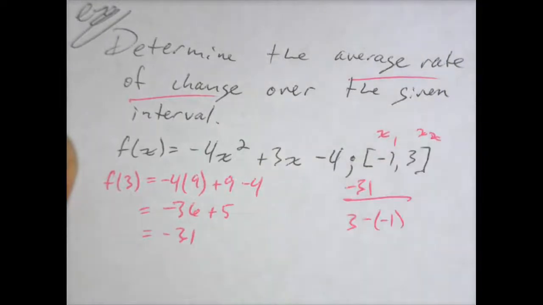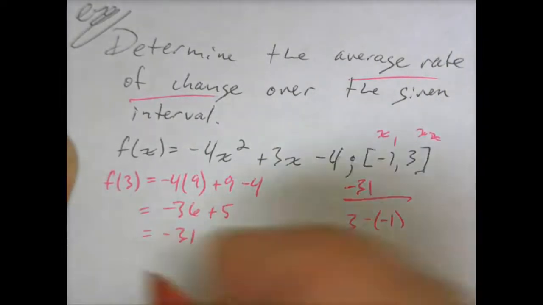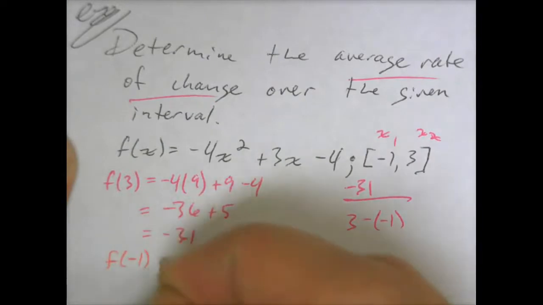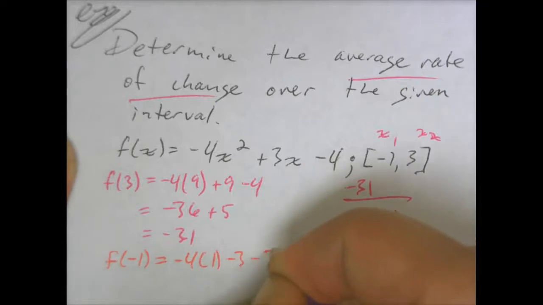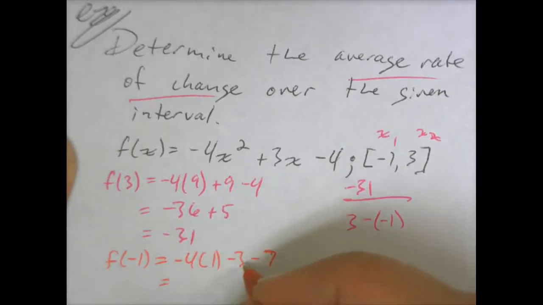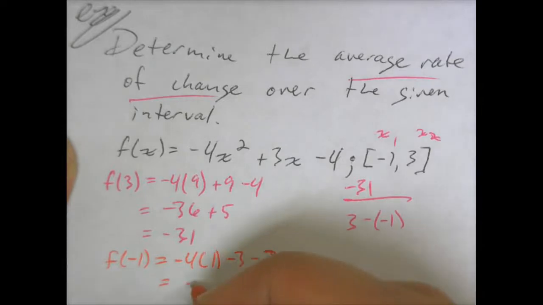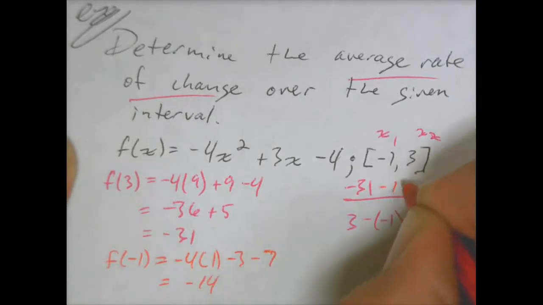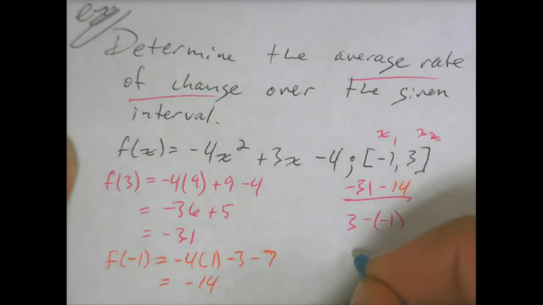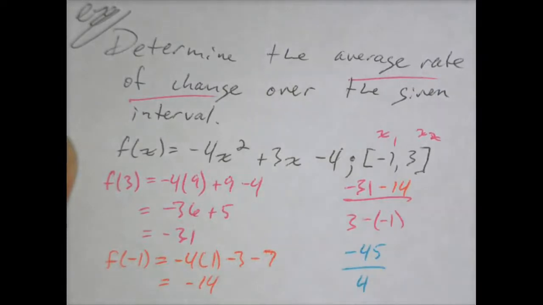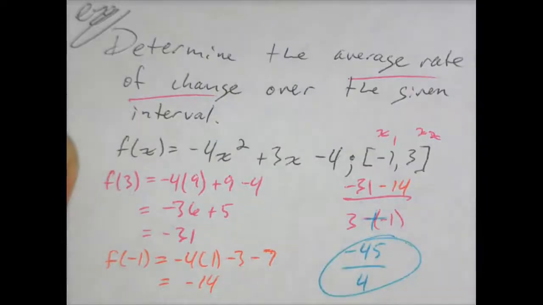Then to find f of -1, I have -4 times 1 minus 3 minus 4. So -4 minus 3 is -7 minus 7 is -14, so -31 minus 14. Well, I'm pretty sure negative 31 minus 14 is negative 45 over 4. Yep, because minus a negative will make that a positive. So negative 45 over 4, and we will leave it just like that.